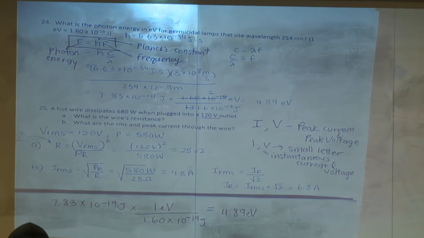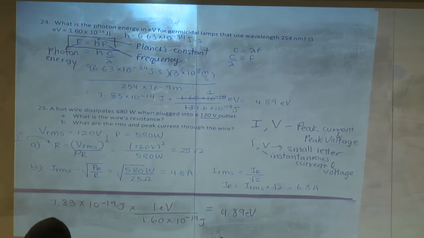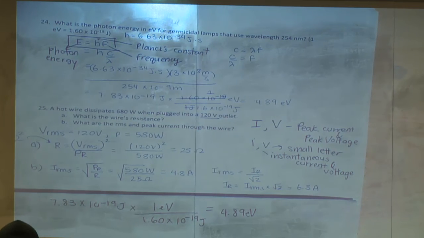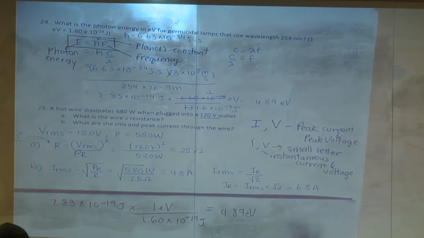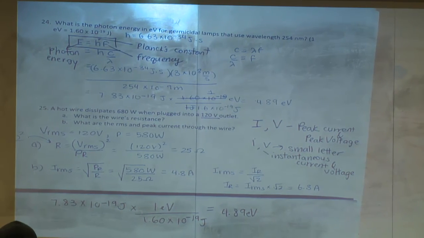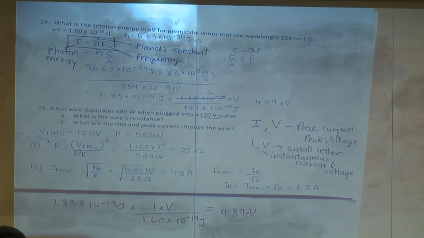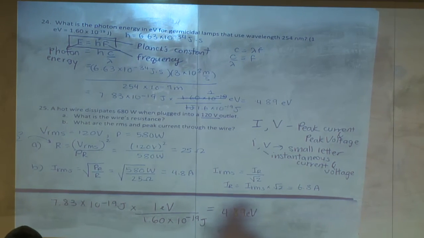We have AC circuits all over. Wherever you see an outlet, that's basically alternating current. Okay, so we're looking for the wire's resistance. For this one in particular, we have power and voltage, and we're looking for resistance.